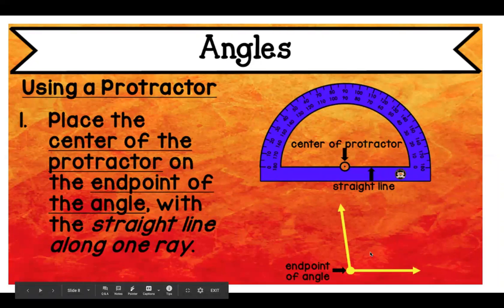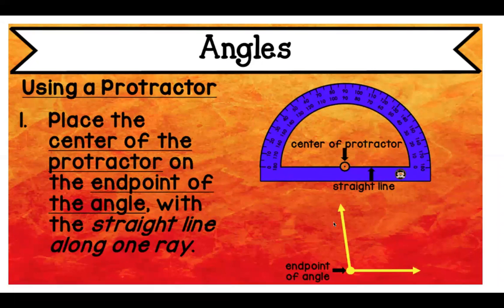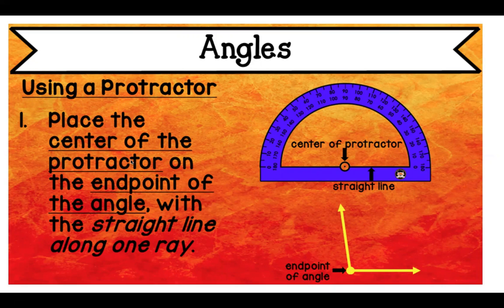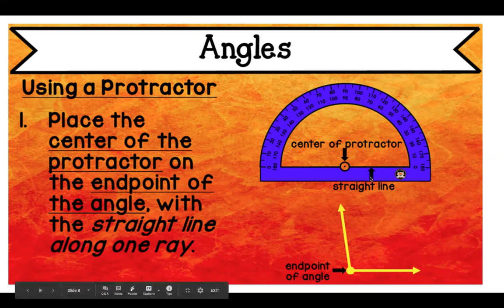You put this protractor on top of the angle that you're trying to measure, okay? So place the center of the protractor on the end point of the angle with the straight line along the ray. So this line right here, you would match up to this ray on the bottom that's going straight like this.